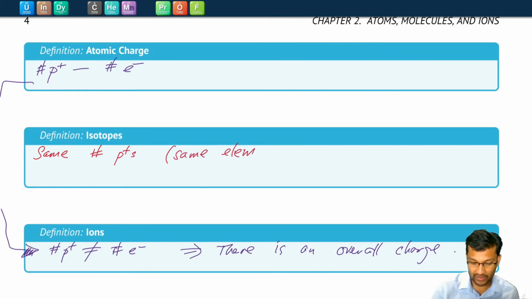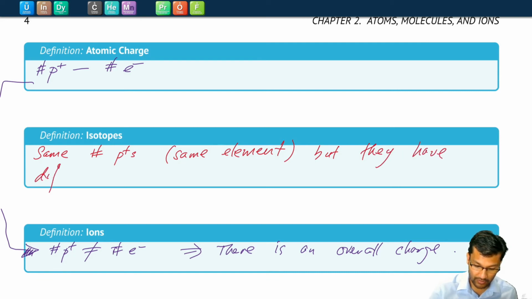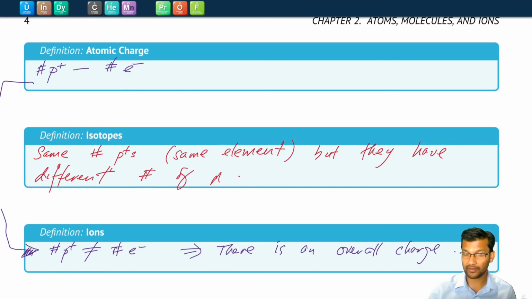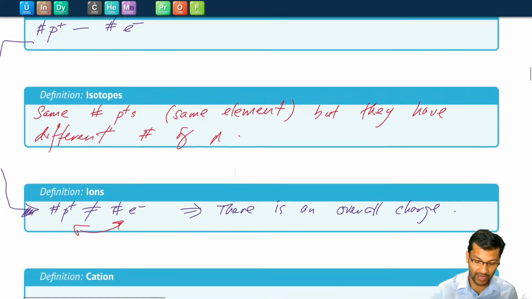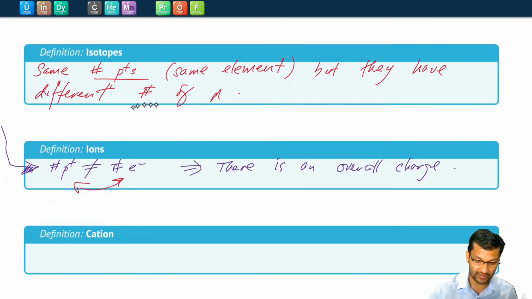The number of protons is the atomic number, which determines the element, but they have different numbers of neutrons, meaning they have different mass numbers. Same number of protons, different number of neutrons. Whereas ions have different numbers of protons and electrons. All right, let's make sure we remember those. So isotopes, same protons, different number of neutrons.